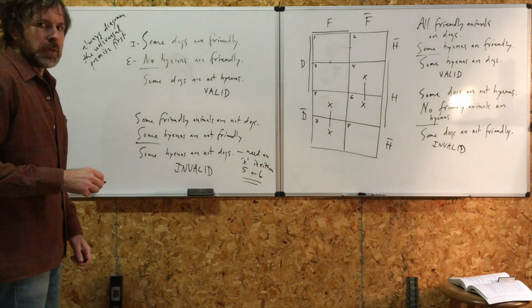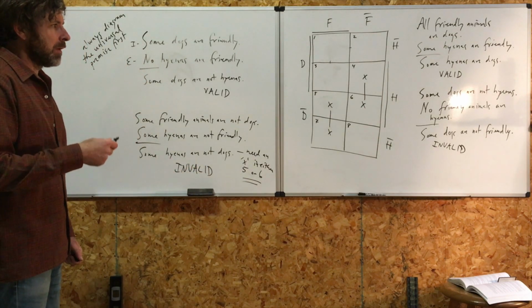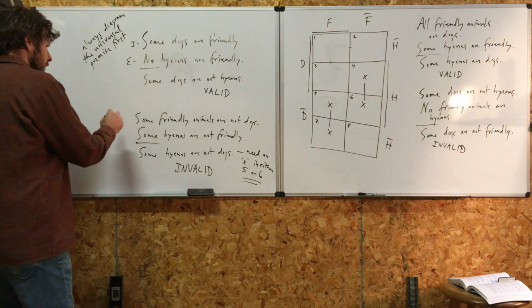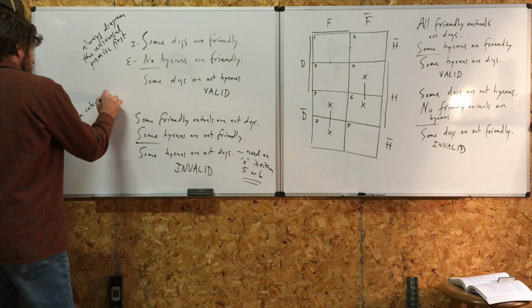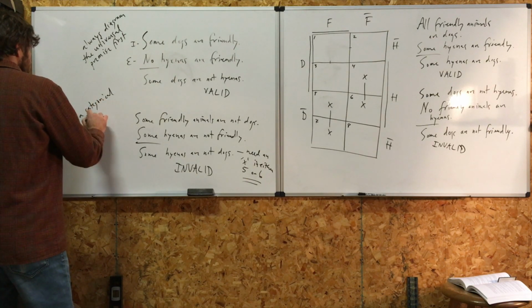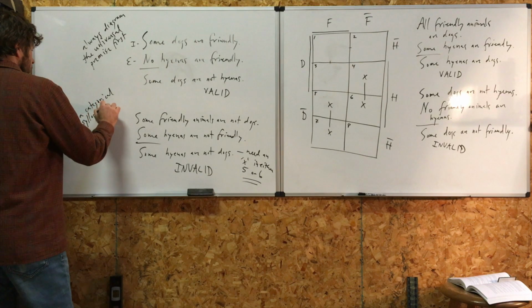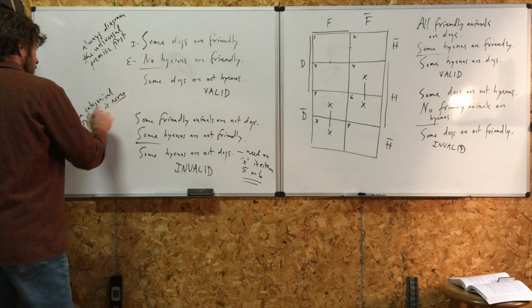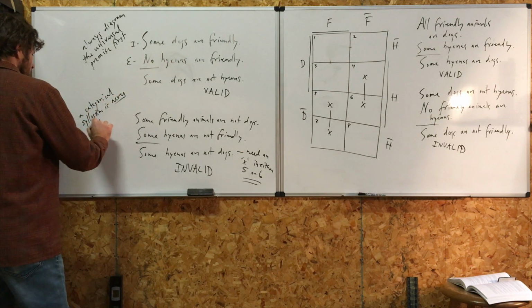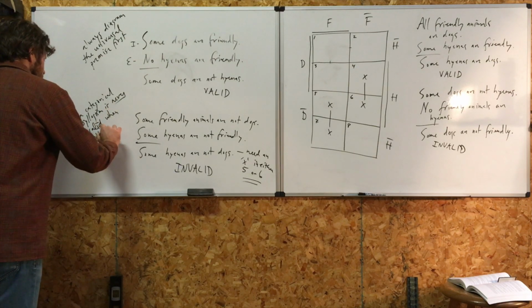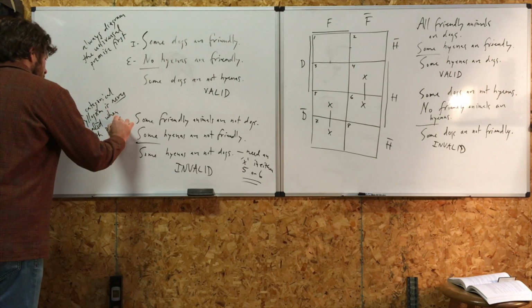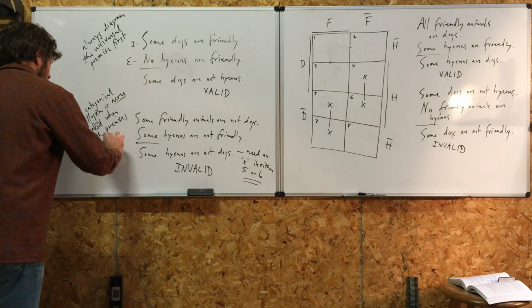Okay. So this leads to another rule. Okay? A categorical syllogism is never valid when both premises are particular.